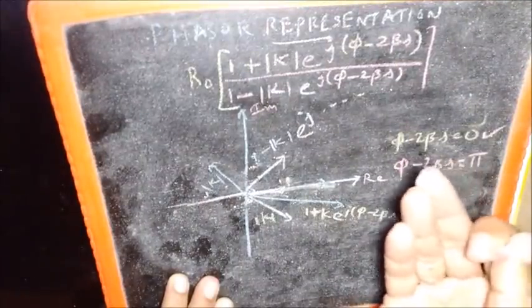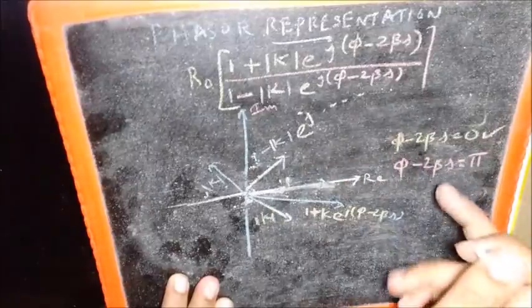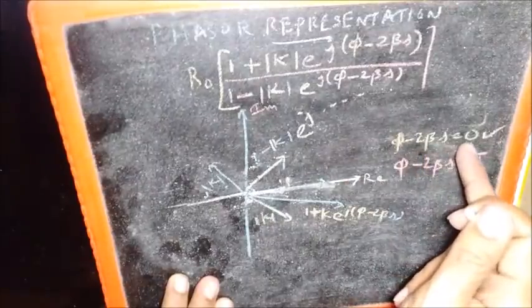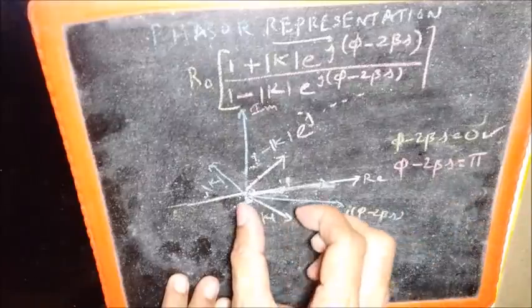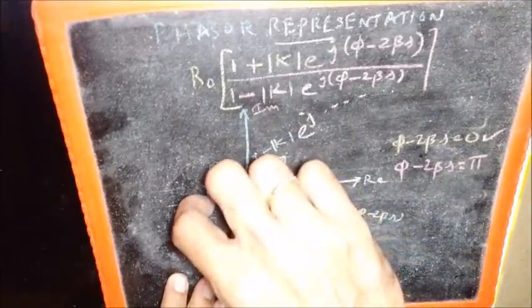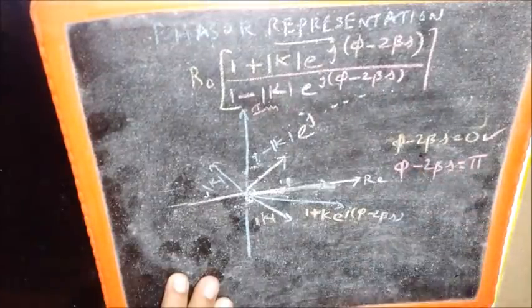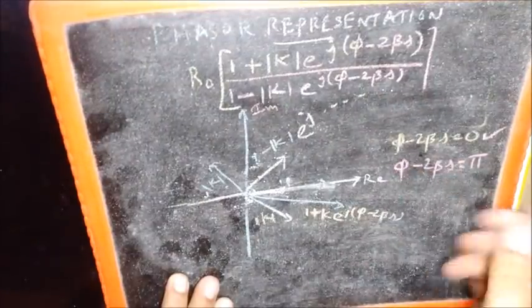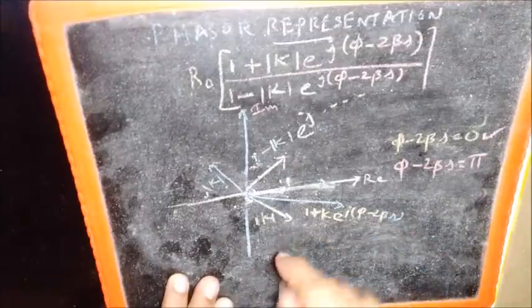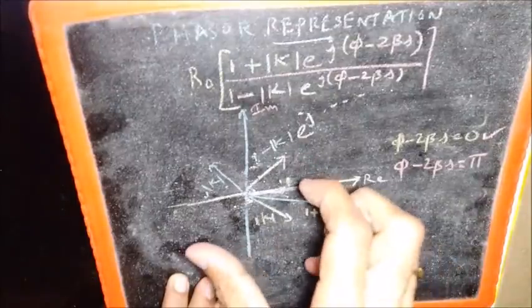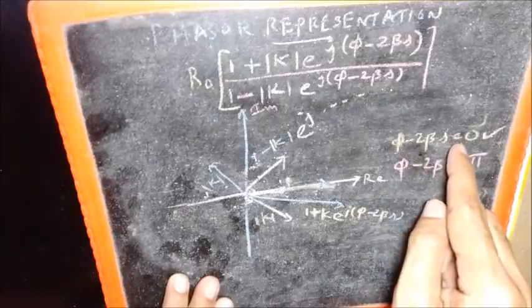And again, this is what happened when we started the discussion. Then we saw what happens when phi minus 2 beta s is 0, and what we saw is that this will be over here and this will be over here. You will have 1 plus k in the numerator, 1 minus k in the denominator. Now what happens when phi minus 2 beta s is pi? The picture will be the same as what it was when phi minus 2 beta s is 0.